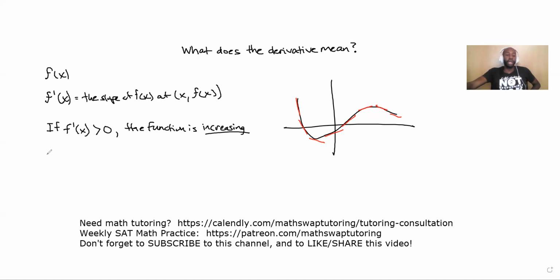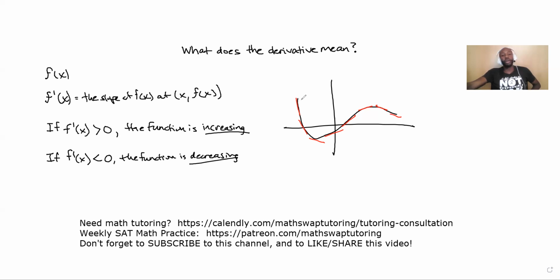Now, the converse is true: if f prime of x is less than 0, the function is decreasing.